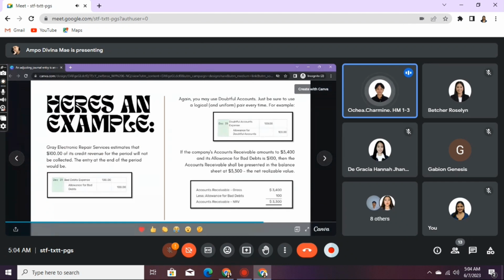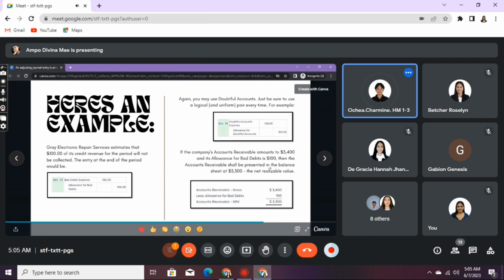So here are examples, guys. Same format as what Charmin discussed before, it is subtracted. For example, Gray Electronic Repair Services estimates that $100 of its credit revenue for the period will not be collected. The entry at the end of the period would be.